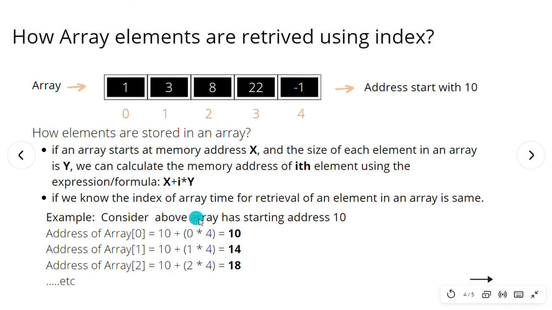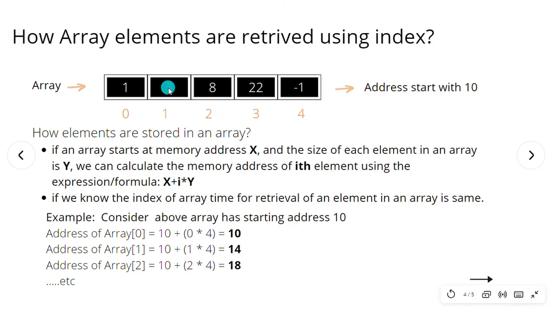If we know the index of an array, the time for retrieval of an element is the same. What does this mean?